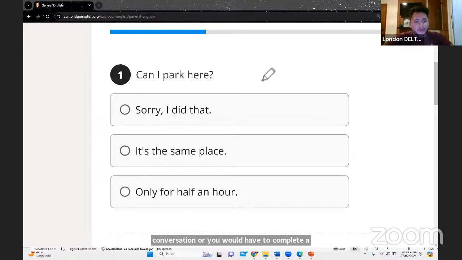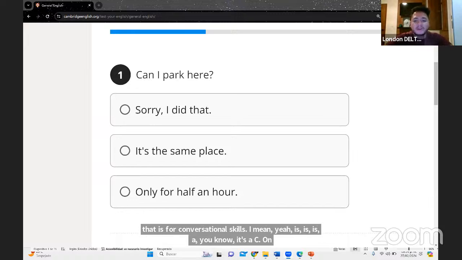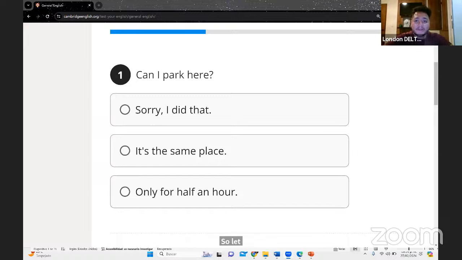Okay. Now, este tipo de pregunta es por conversational skills, habilidades conversacionales, es decir, no es una pregunta gramatical ni de vocabulario, solamente es de habilidades conversacionales. So that's good to know. What kind of question is this?